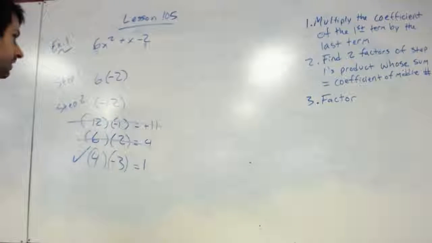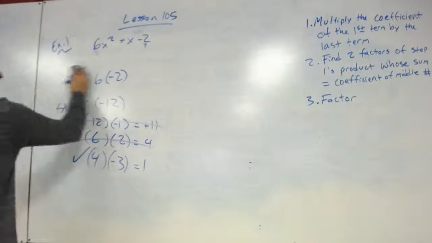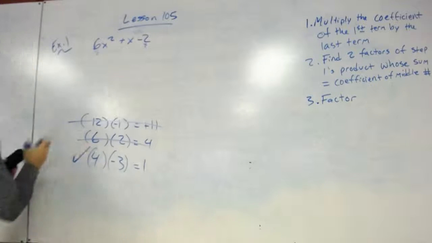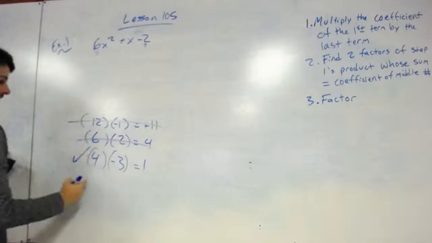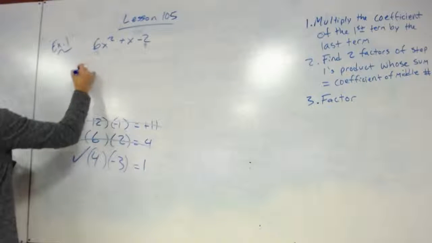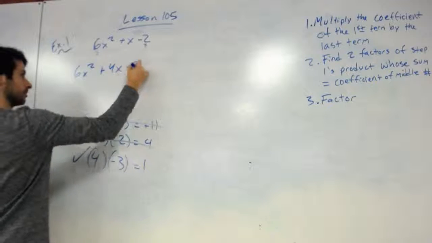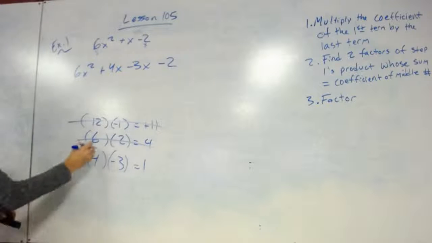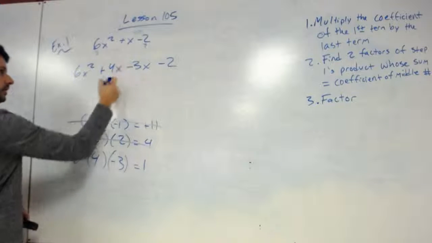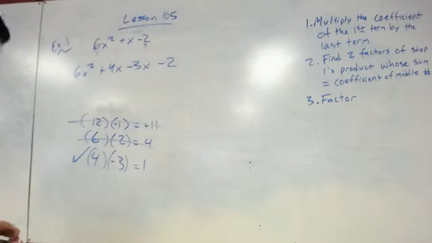So after this, step 3, I just generalized this factor, but here's what that means. We now can break up this x into a 4x and negative 3x. So it would look something like this: 6x squared plus 4x minus 3x minus 2. So I just plugged in that, and notice if I added those together as like terms, it would be a positive x.